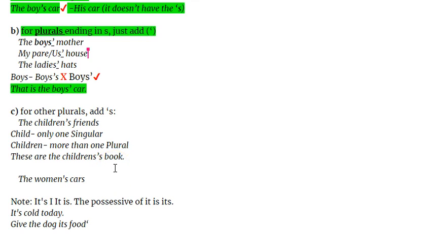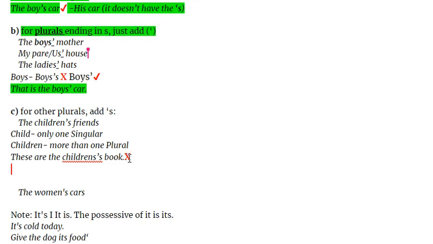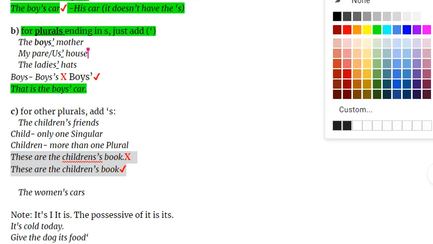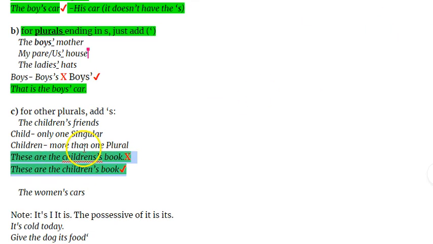It's wrong because children already takes a plural form. So automatically it's wrong. But if you would say these are the children's book, this one is the correct one, okay?